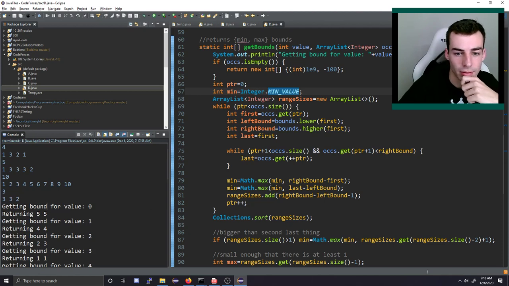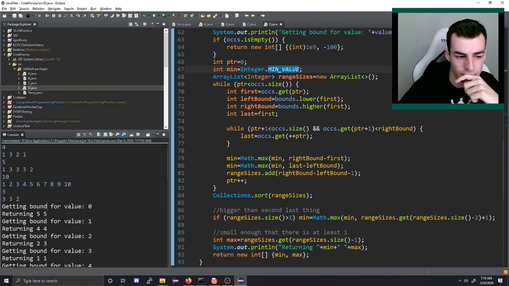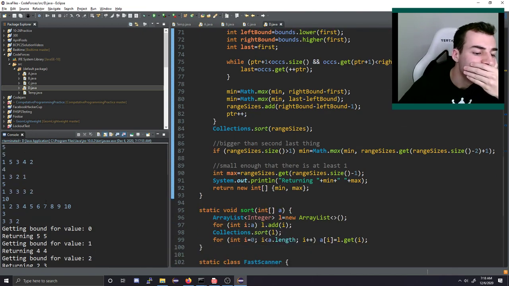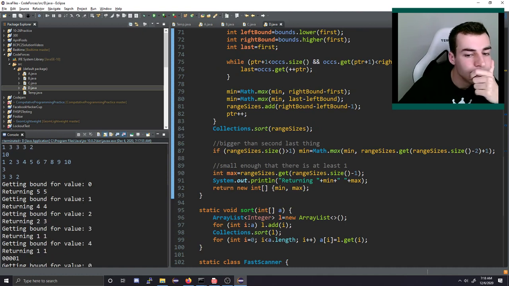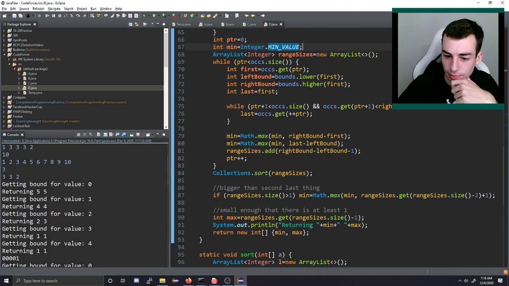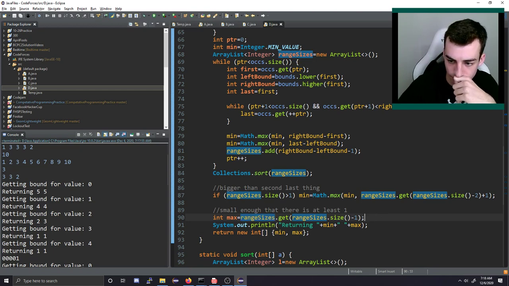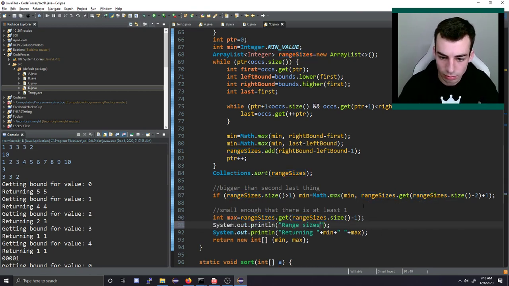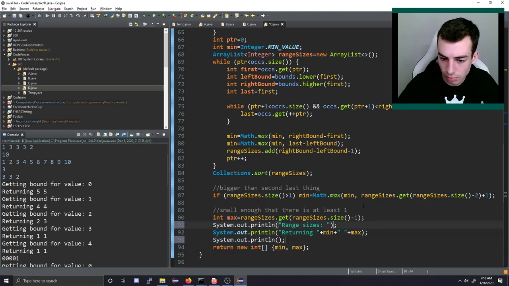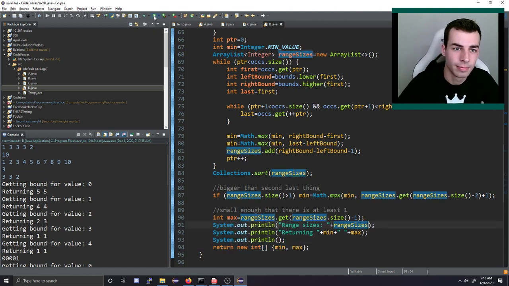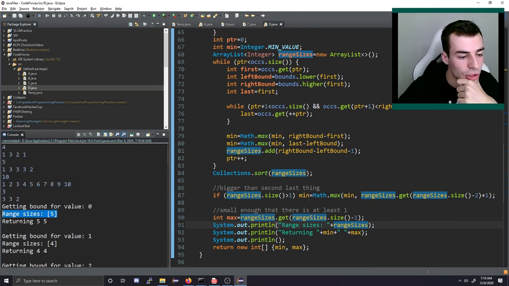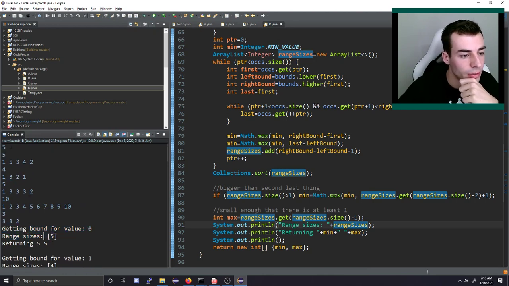Five to 5. So the minimum is wrong. Range sizes are just size 5.